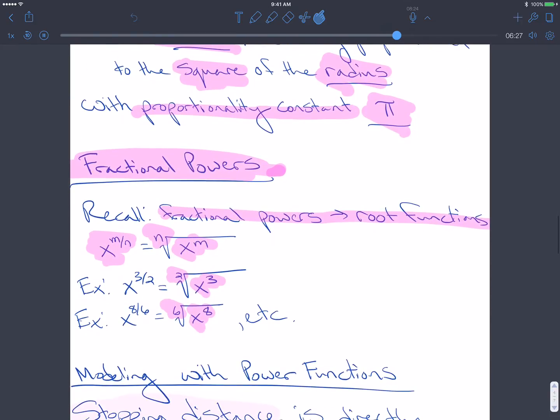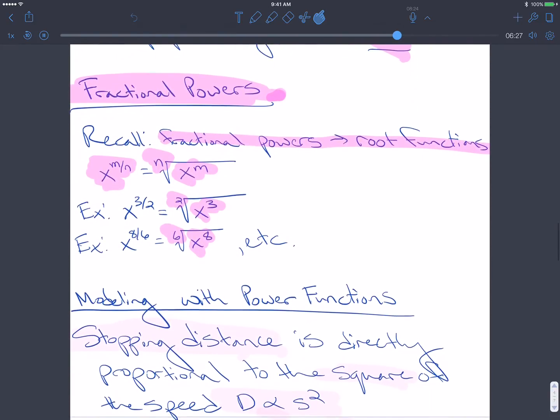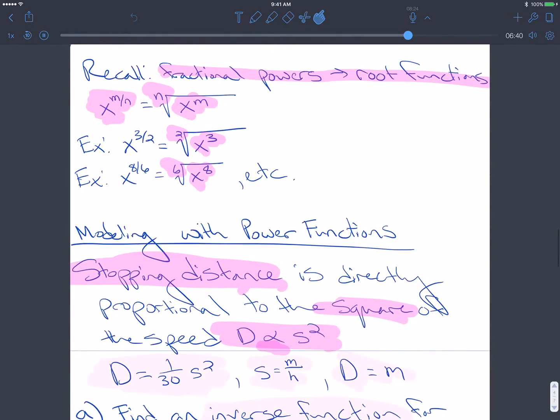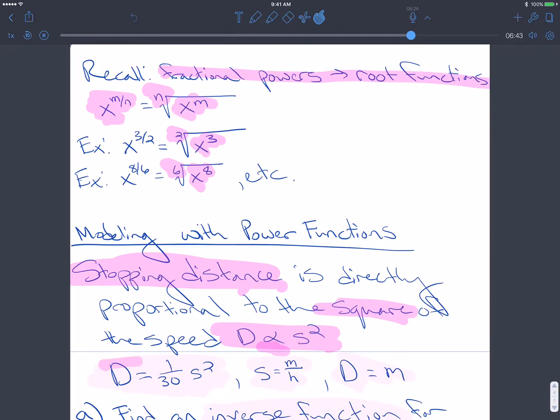Which allows us to then talk about modeling with power functions. So if I give you an example like stopping distance, which is directly proportional to the square of the speed, so that says that d is proportional to s squared, then the equation in this particular case would be d equals 1/30 times s squared, where s is in miles per hour and d is in miles. First, let's find an inverse function.